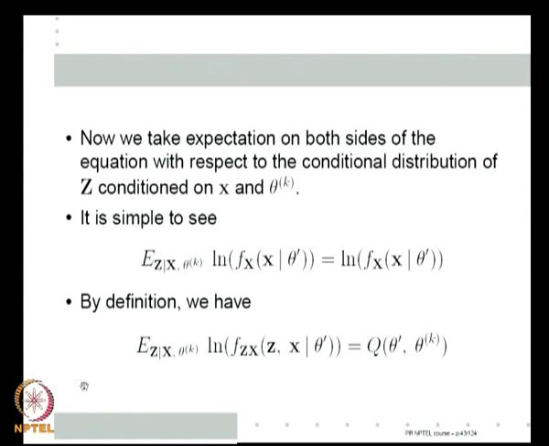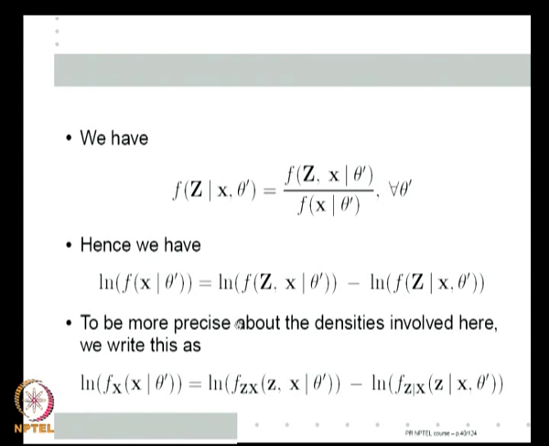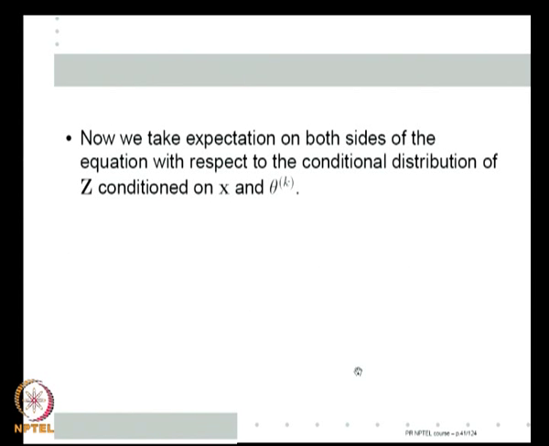So, by definition the conditional expectation of the second term is Q(theta prime, theta k). Let us go back to that equation. The conditional expectation of the first term would be itself, by definition the conditional expectation of the second is Q(theta prime, theta k), and now I have to do the conditional expectation of the last term.